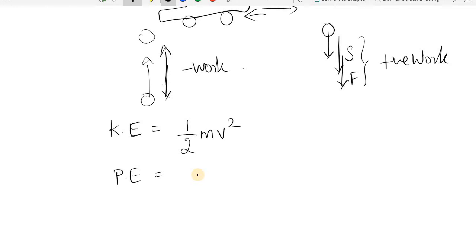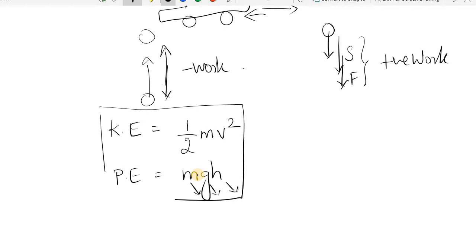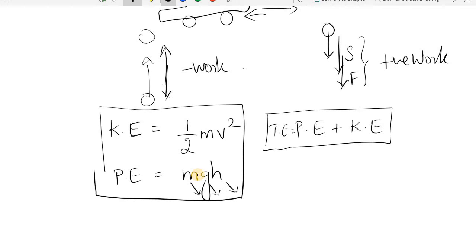If you look at gravitational potential energy, it is mgh, where m stands for mass, g for the acceleration due to gravity, and h is the height from the ground. So the total energy at any position would be equal to the potential energy plus the kinetic energy. This remains the same.